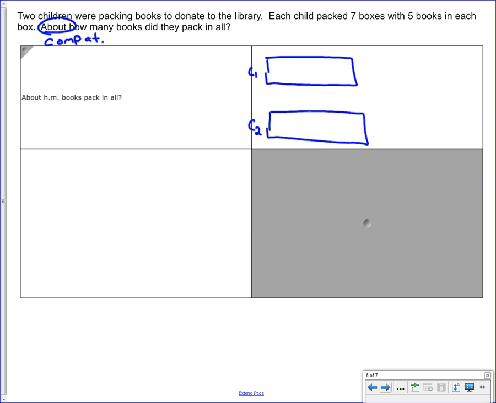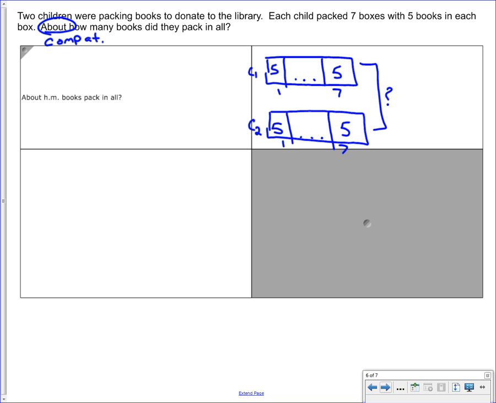Each of them packs 7 boxes. One box, 7 boxes, 1 box, 7 boxes. There's 5 books in each box. And we want to know how many that is.